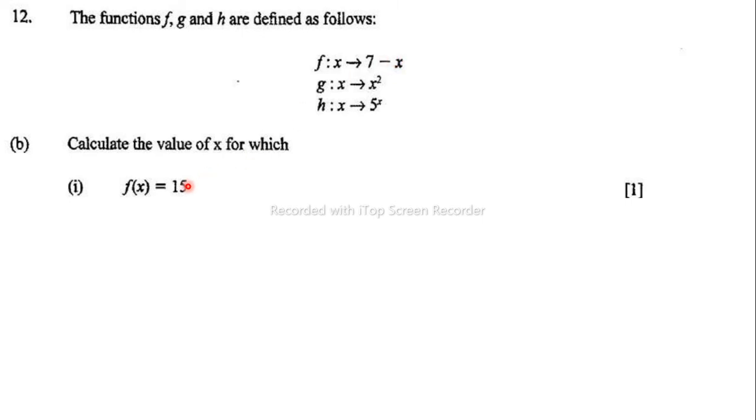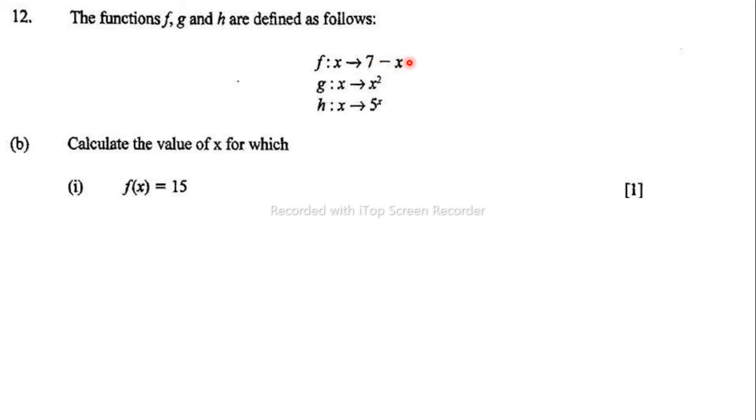In other words, give me a number that I can subtract 7 with to get 15. Think about it. Give me a number that I could subtract 7 with to get 15.